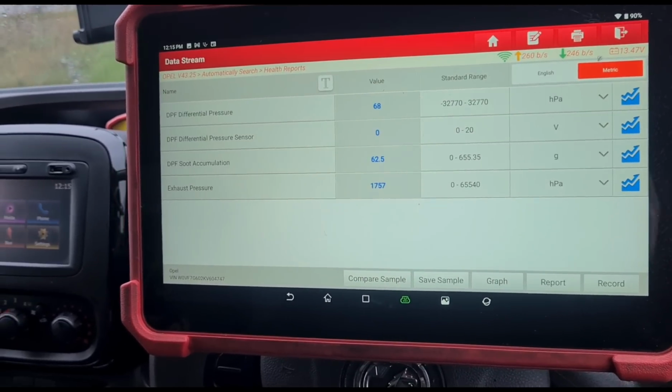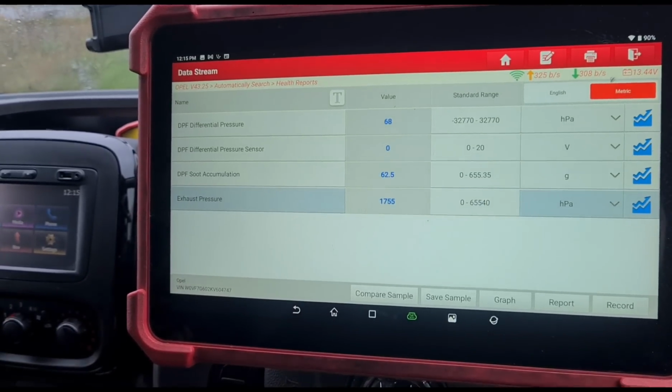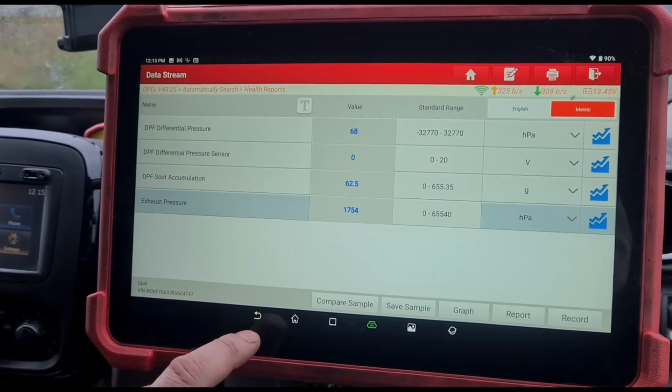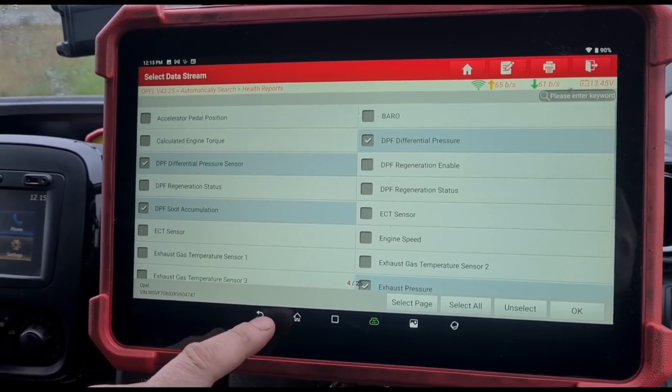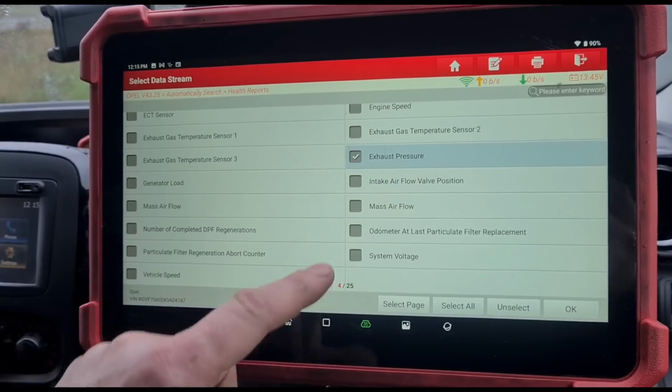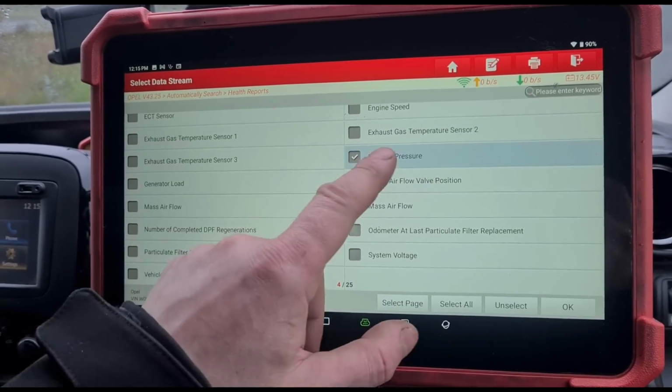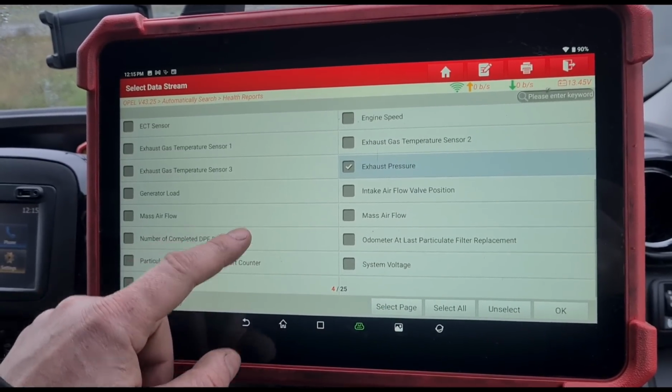So it's staying at 1750. So this is using the Vauxhall stuff. Now if we look for upstream pressure sensor, we can't find it on here, which I'm guessing is the exhaust pressure sensor they call it, but on the Renault they call it a turbo upstream pressure sensor.